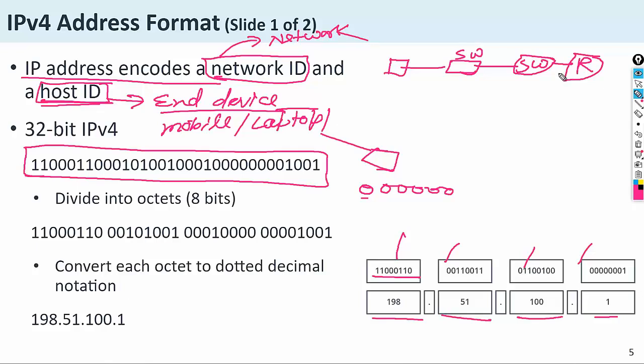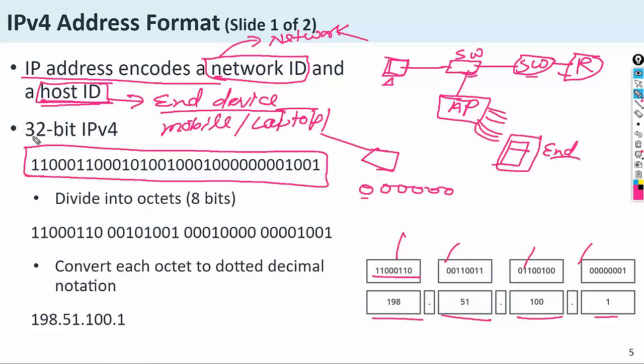These are the network devices, but the computer is an end device. Similarly, if there is a wireless access point broadcasting a Wi-Fi signal, and your mobile phone is connected to it, the mobile phone is considered an end device, right?